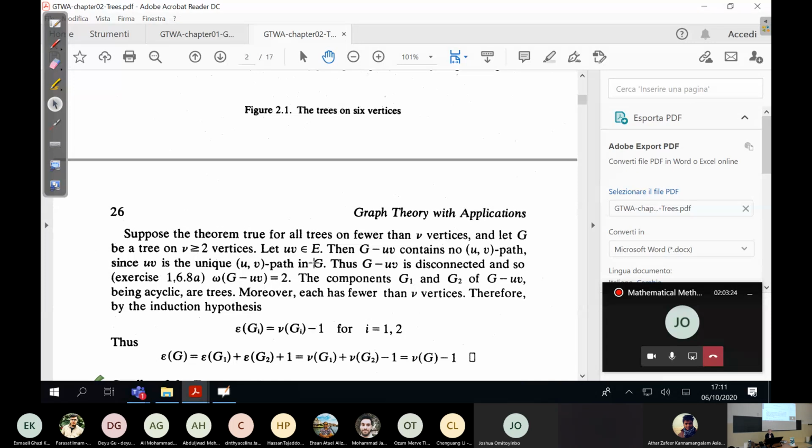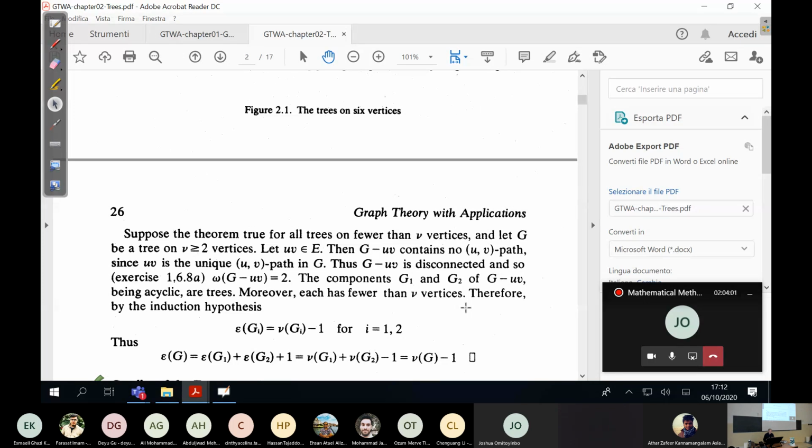Since there is an edge between U and V in G, which is a tree, this is the only possible path between U and V. If you take this away, then you're left with no path from U to V, which means that G minus this edge is not connected. Why? Because there is a pair of vertices which are not connected by a path.